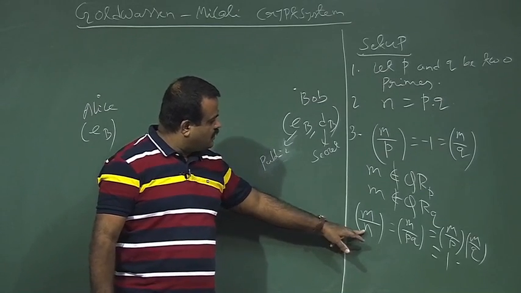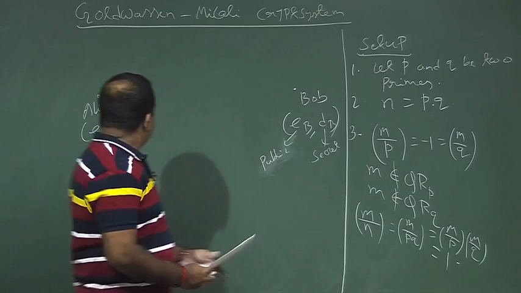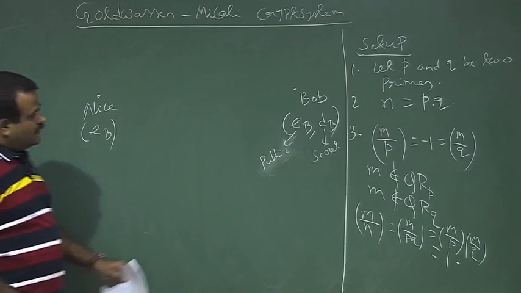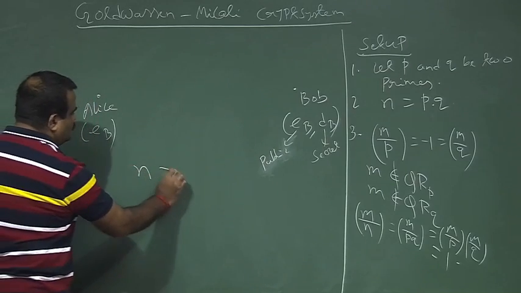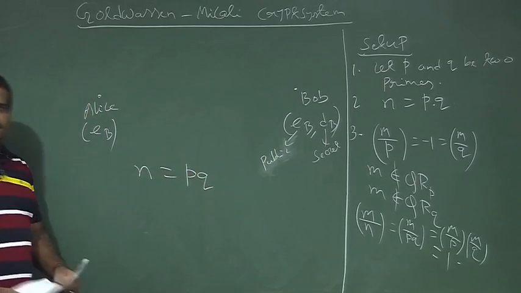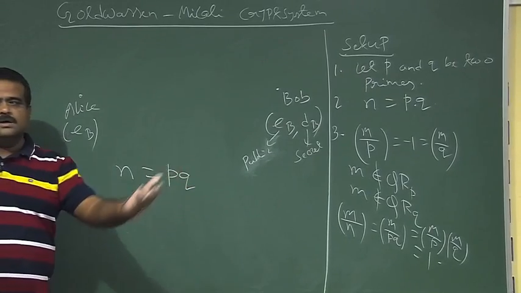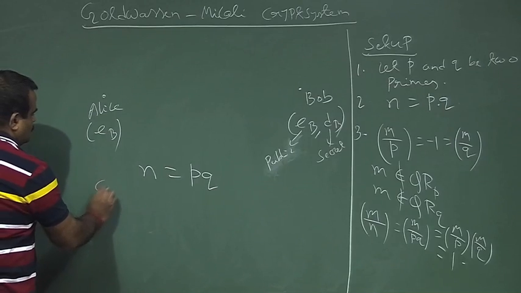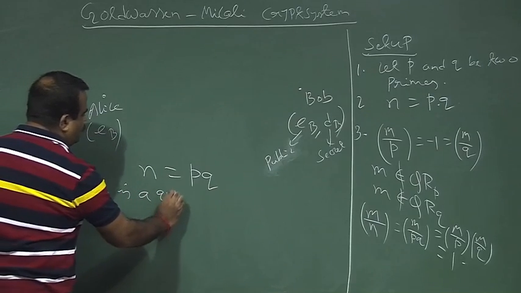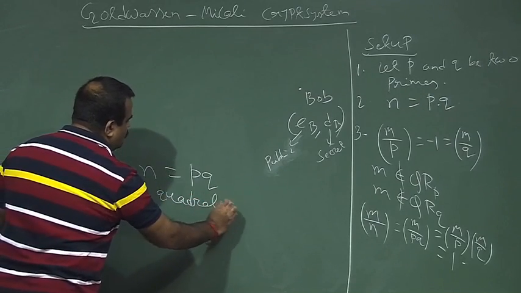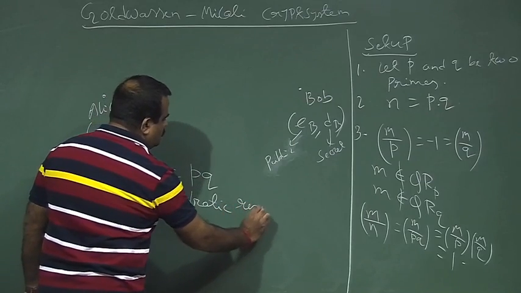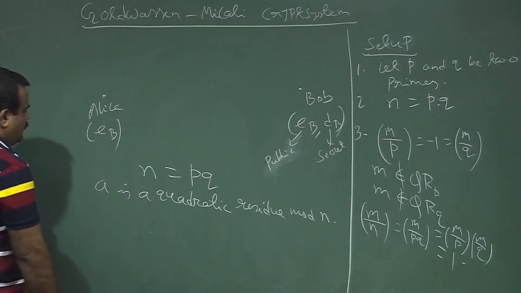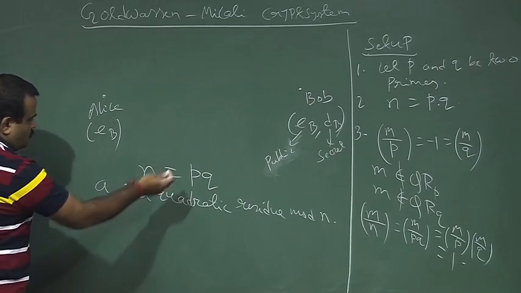So, we have to define the quadratic residue mod a composite number. Just quickly we can define. If we have a composite number n which is a product of 2 primes, p and q, a number a is a quadratic residue mod n if and only if it is a quadratic residue in both p and q.